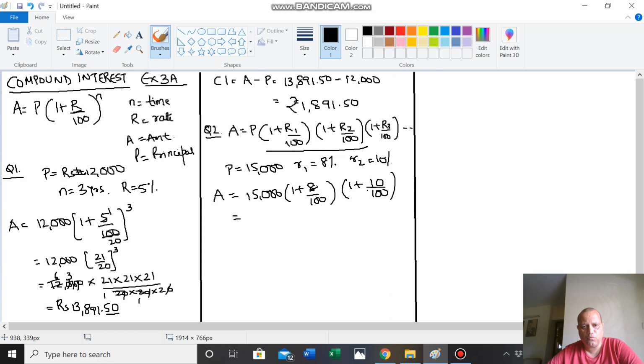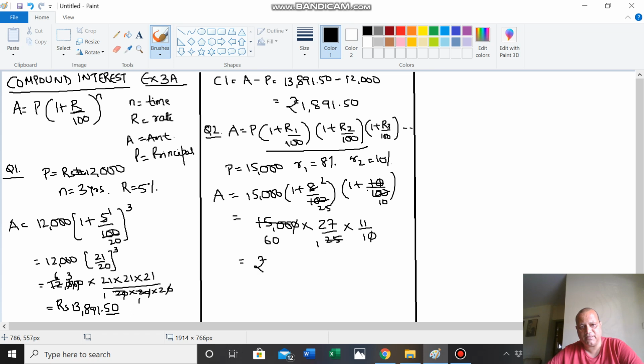So this will be 4 multiplied by 2, 4 multiplied by 25. This is 10 and this is 10. So this is 15,000 into 27 upon 25 multiplied with 11 upon 10. 0 goes, 0 goes. 25 1, 25 6 are 150, 150, and this is 60.